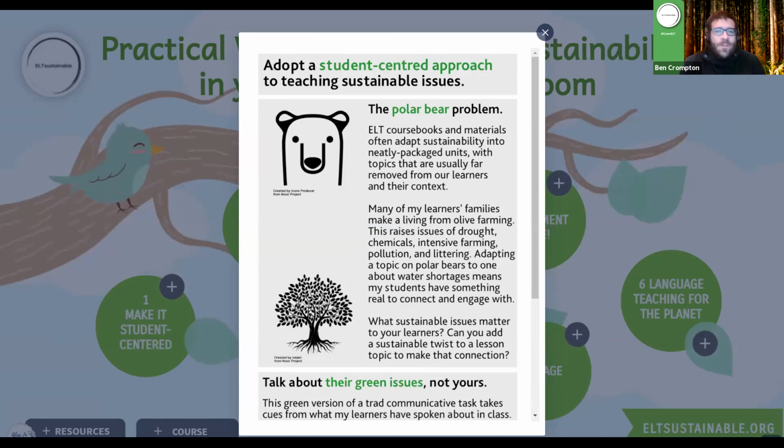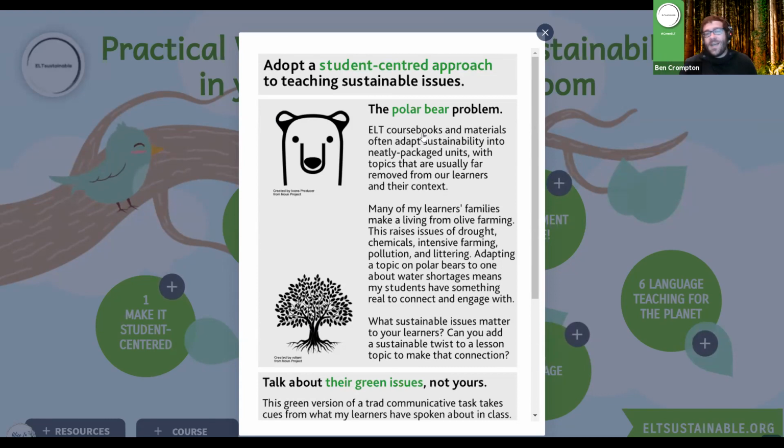These are probably perfectly good vehicles for modeling language, but our students simply cannot relate the plight of the polar bear to their everyday lives. And so I don't think these are particularly good vehicles for raising a sustainability debate in my class, or for motivating my learners to become active in it outside of class.